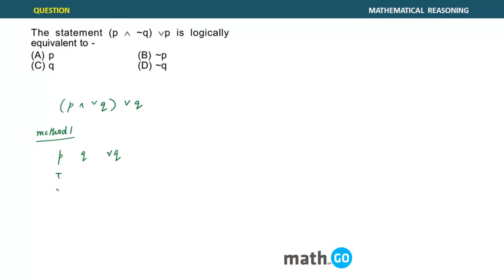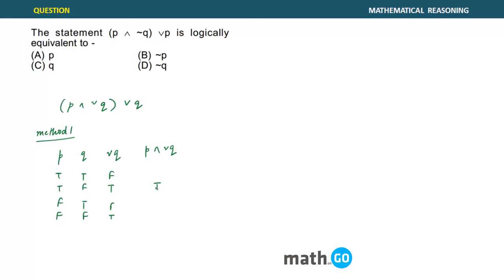If I start with P, this will be T, T, F, F, and Q will be something like this. Clear? What will be negation Q then? Yes, opposite of this: T, F, F, T. You need to find P intersection negation Q. P and negation Q will be true only when both of them are true. So this and this false, this and this true.